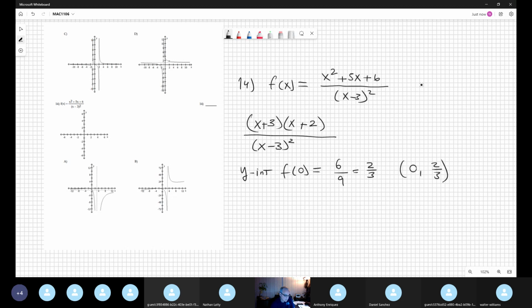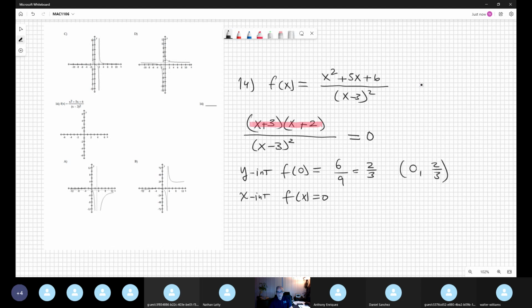Okay, yes. Now the x-intercept is obviously the zero of the top part. You set the function equal to 0, which is equivalent to setting the top equal to 0. I don't care about the bottom part. The important part is the top part.